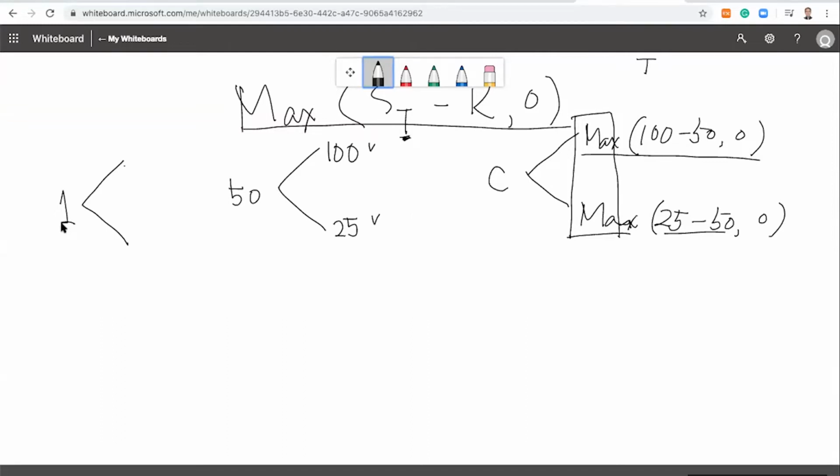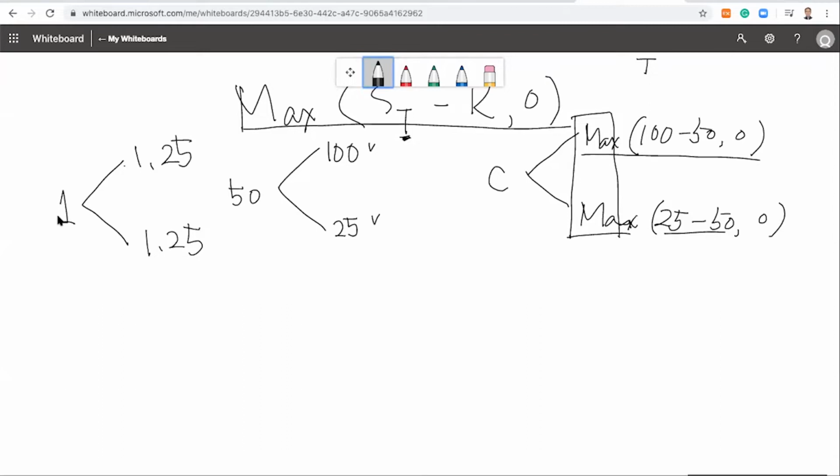So 25% is a quarter, so it's basically 1.25 here. If you put $1 in the bank, at the end of the one period you will get 1.25, and at the end of one period in the down state, you will get this number. And if you borrow $1 from a bank, then you have to pay back 1.25 and then 1.25.